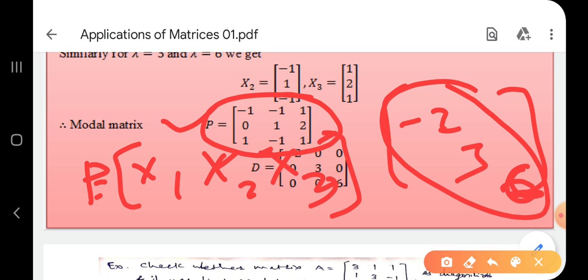If you change the order in matrix P, then you have to change the order in the diagonal matrix also. Understood? I am not talking about the order 2 by 3 or 3 by 3. It is a square matrix, so no question. I am only telling you how x1, x2, x3 appear, and how lambda 1, lambda 2, lambda 3 appear.